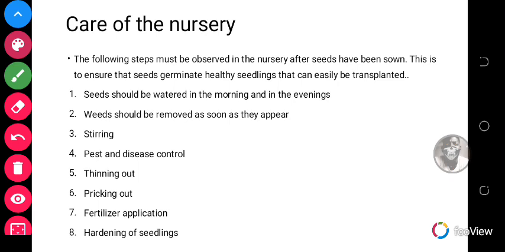So pricking out has to do with removing some of the seedlings from one nursery bed to another because of overcrowding. The importance of pricking out is it prevents overcrowding, it allows seedlings to receive sufficient amount of water, light, and nutrients. It helps to promote seedlings of uniform size for transplanting, and it improves circulation of air.